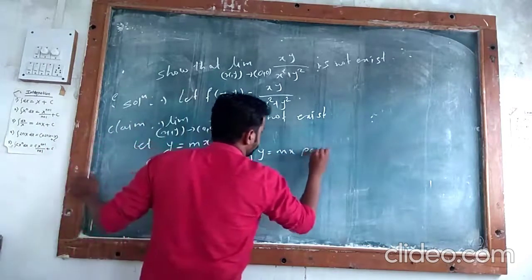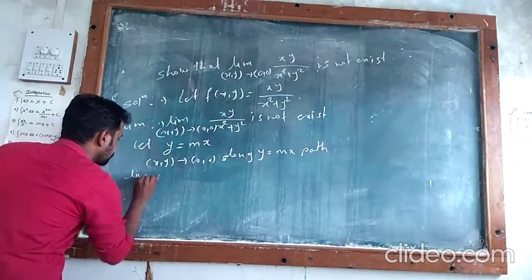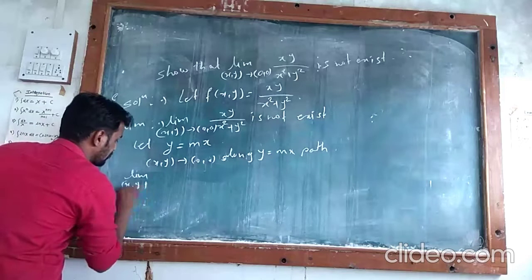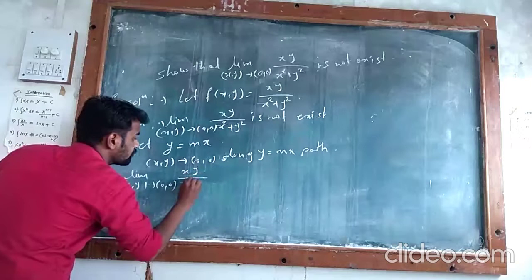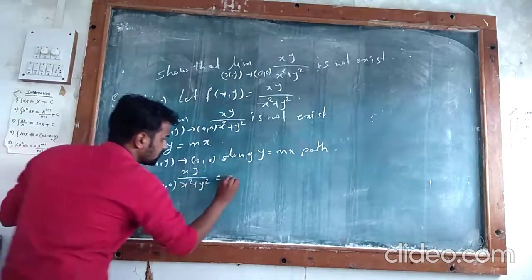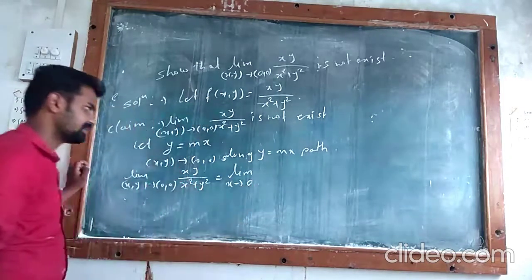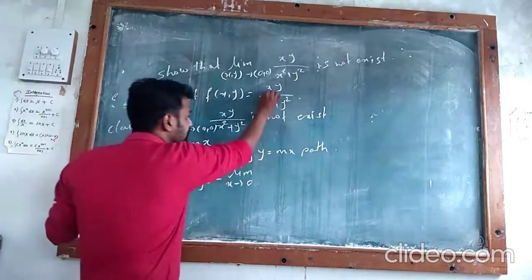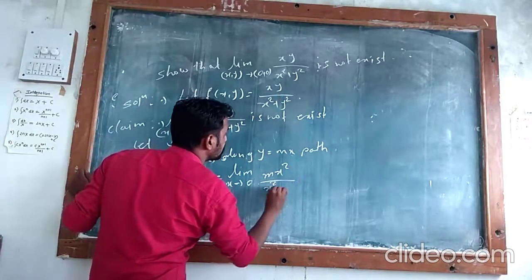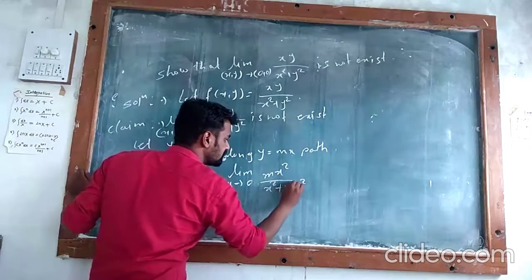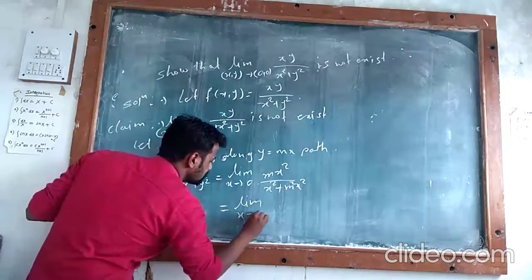Now along this path, we have the limit of xy upon x square plus y square is equal to the limit as x tends to 0 of x into mx, which is m into x square, upon x square plus m square x square.